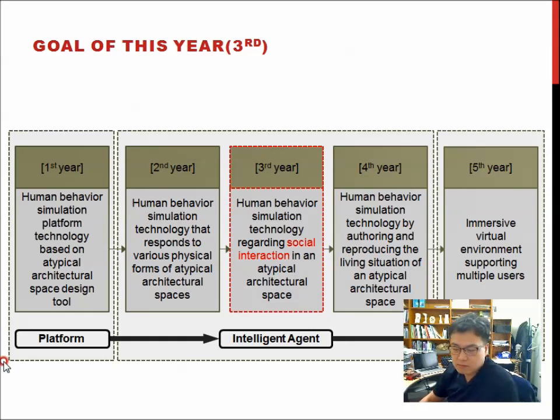Then in the second, third, and fourth years we are going to make intelligent agents, and we make some interaction intelligence for interacting with atypical geometry.